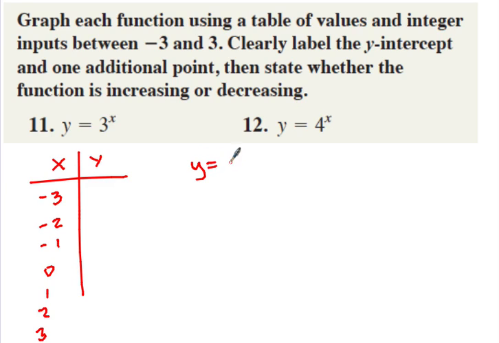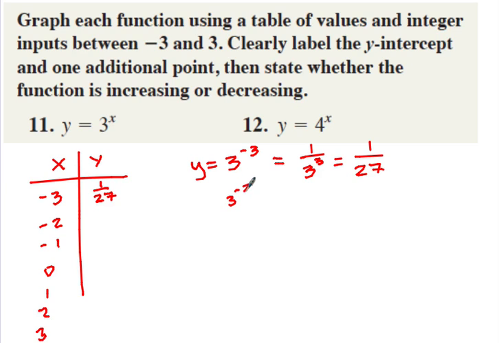So y equals 3 to the -3. Negative exponents make us flip this fraction. So this is the same as 1 over 3 cubed. 3 cubed is 27. Big or a small number? It's a pretty small number, right? Then -2.